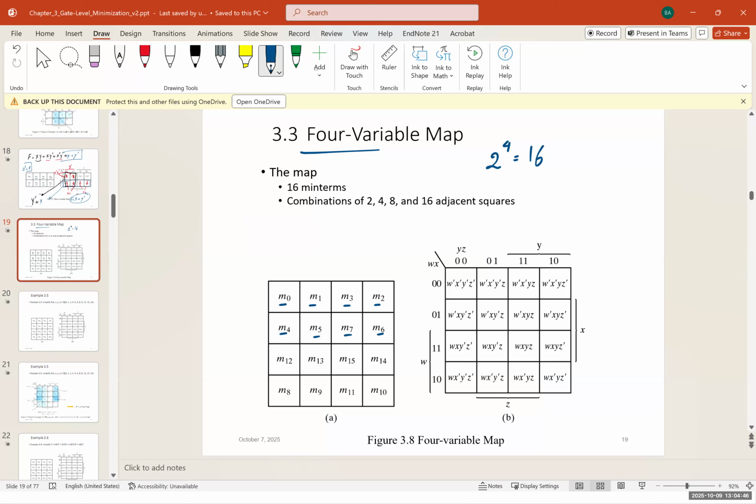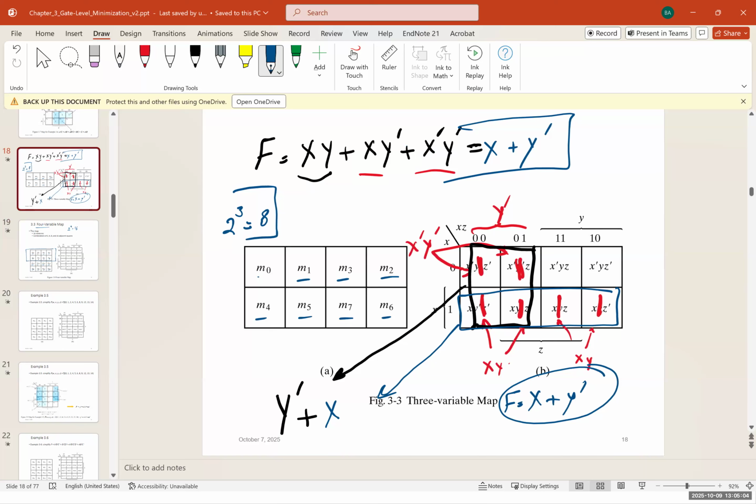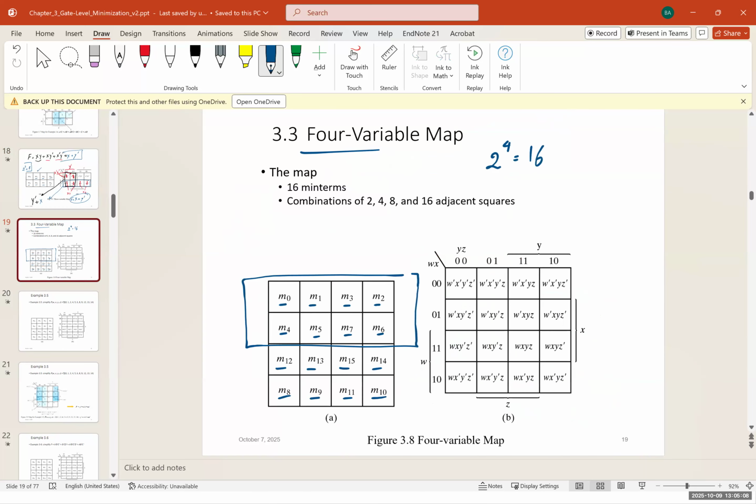And then we would jump 1 row to M8, M9, M11, and M10. Then we will go back to M12, 13, 15, and 14. So as you can see, the upper 2 rows look exactly like the 3 variable K-map that we had here, and we add 2 other rows.